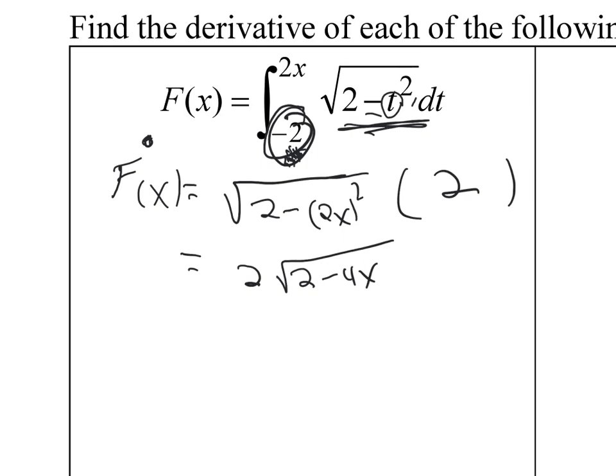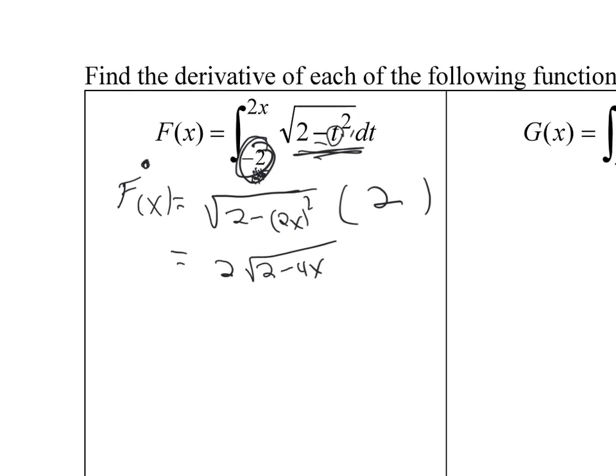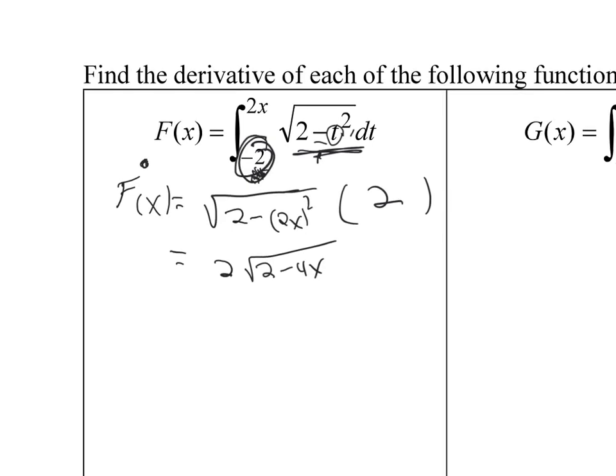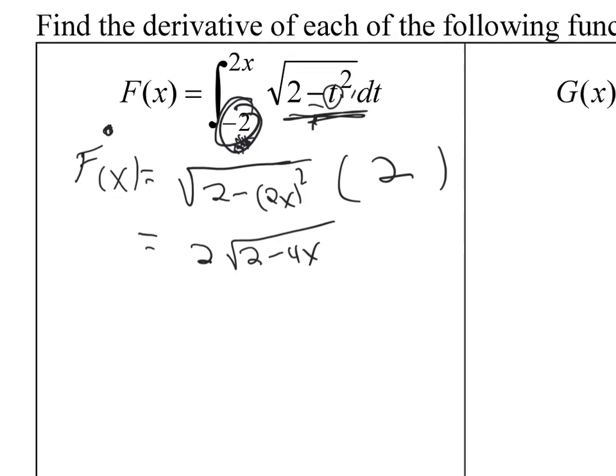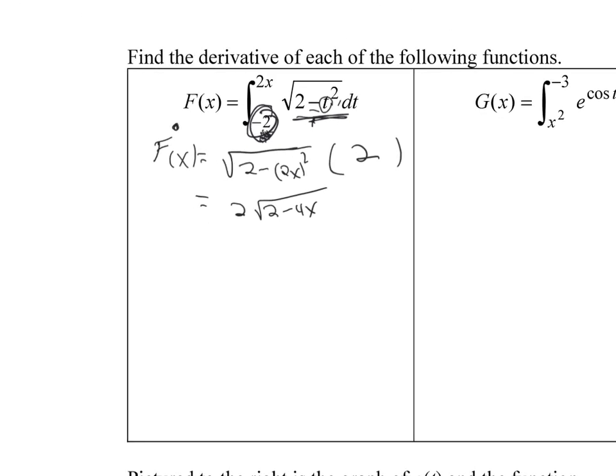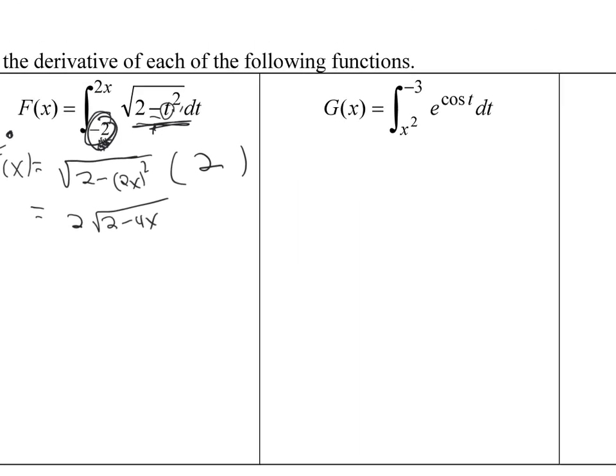Now, obviously, there is an issue with the domain of this function. Right off the bat, you know that x can't be anything bigger than a half. So I have some problems with this one. I'm curious what the author did on it.